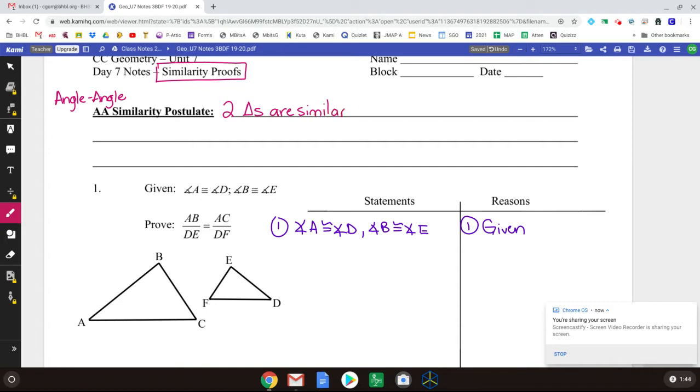Okay, so if and only if the corresponding angles are congruent, and if the corresponding angles are congruent, then we'll know that the corresponding sides are in proportion.